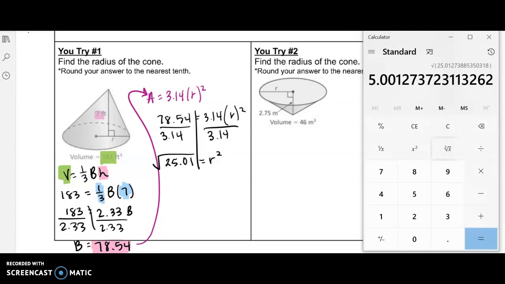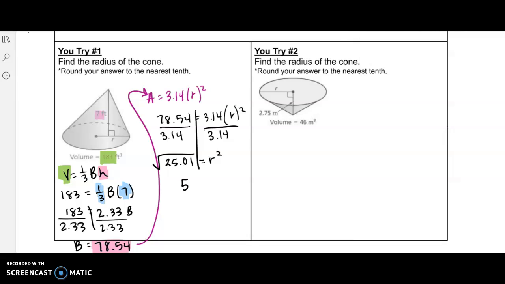So we hit that square root button, and that rounds to be 5. So that's nice. So 5 feet equals our radius. The inverse of an exponent would be taking the root of that exponent. So by taking the square root, it just gets rid of this little guy.